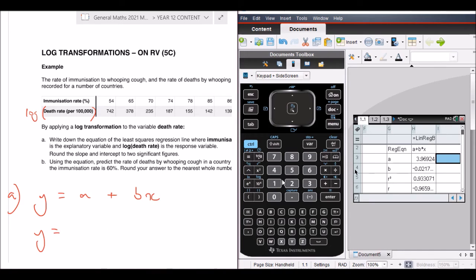A is 3.969. It says to 2 sig figs, so I want two important numbers. That means this is going to become 4.0, because I want two important numbers, so 3 and 9. That 6 will affect the 9, which affects the 3, so it becomes 4.0. Plus, well, this is going to be a negative 0.0217, so that'll be minus 0.022.